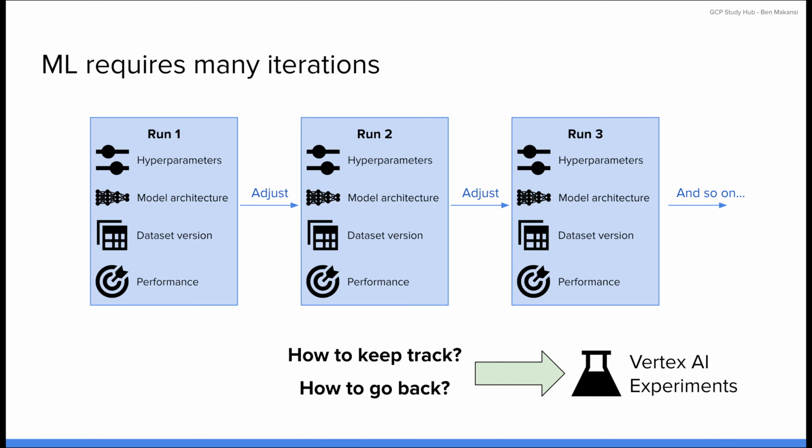So this makes it easier to see what you've tried, compare those runs, and figure out what helped and what didn't. You can also filter, sort, and review past runs without digging through notebooks or saved scripts. And if one of those runs turns out to be promising, you can promote that resulting model directly to the model registry for versioning and potentially deployment.